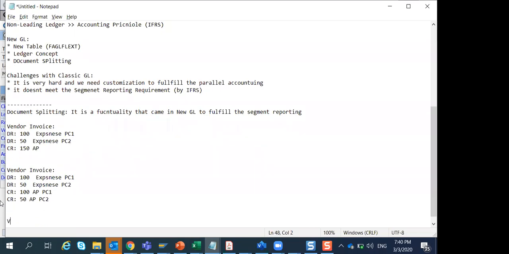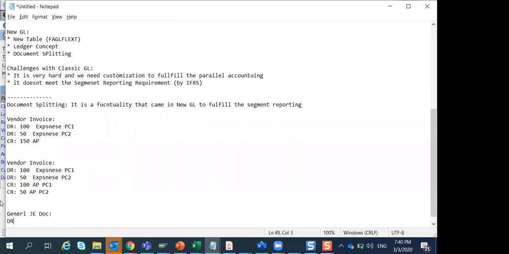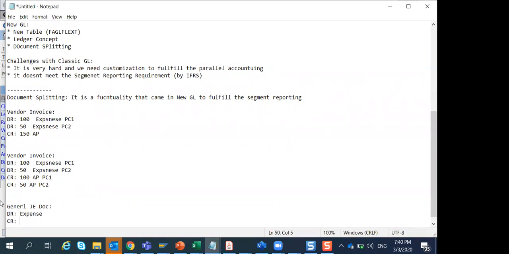So let's say, simple, we have a general journal entry document where we debit the expense and credit the cash. We paid for the rent, and we have to take the money from the cash account.